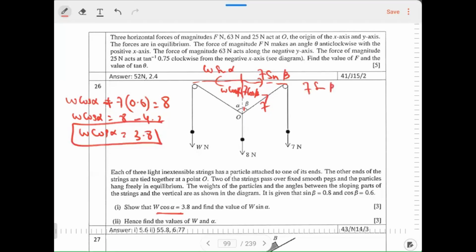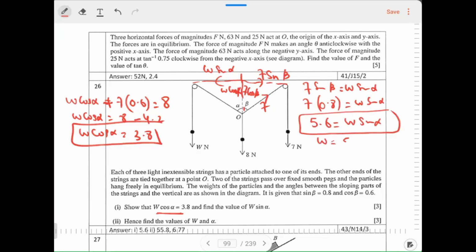7 sin beta is W sin alpha. Sin beta is 0.8, so 5.6 is W sin alpha. Now W is 5.6 upon sin alpha and W is 3.8 upon cos alpha.